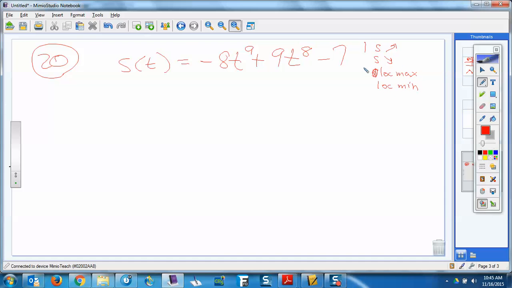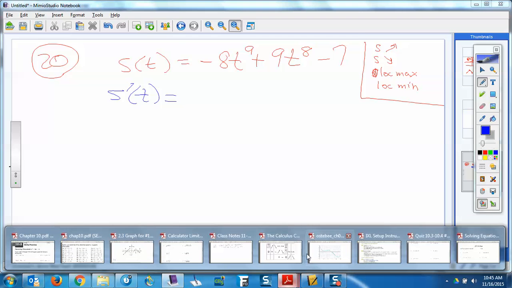That's what they're asking for. Okay, we said this earlier today. Do the derivative. So we want to find S prime and see where that is equal to 0, because of local max, local mins, those kinds of chart things.